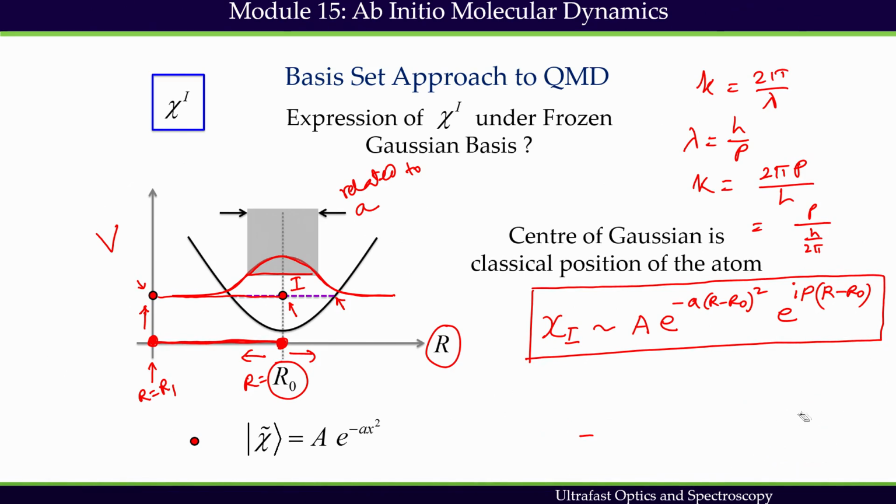The first component represents the Gaussian part, and the other represents the propagating matter wave part.